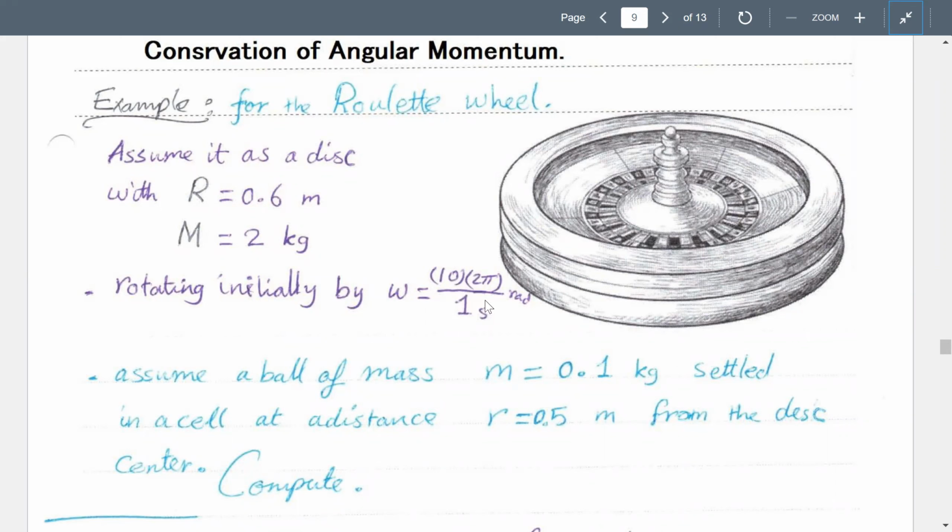Now we will deal with elastic and inelastic collisions, but in rotational motion. It is the same equations, but in rotational form. If we have a ball whose mass is 0.1 kilogram, settled in a cell at a distance of 0.5, so the radius is 60, and the ball jumps onto this disk, and its place now is r equal to half a meter from the disk center.